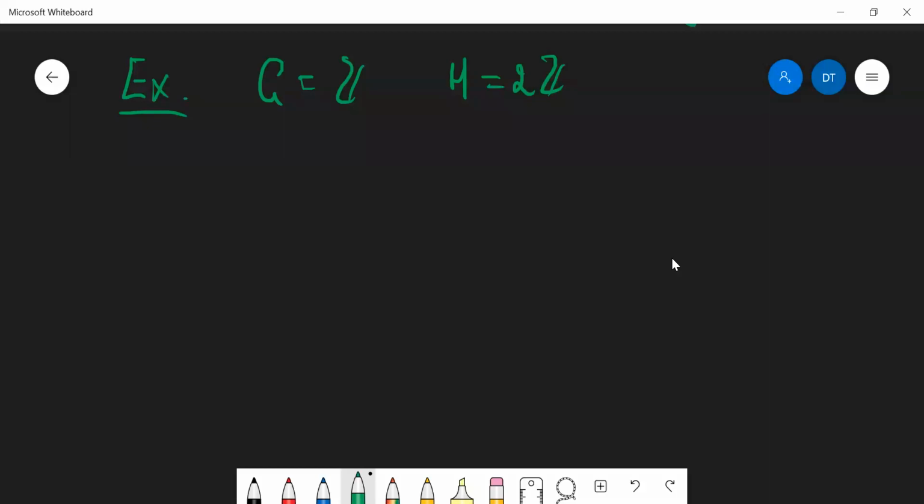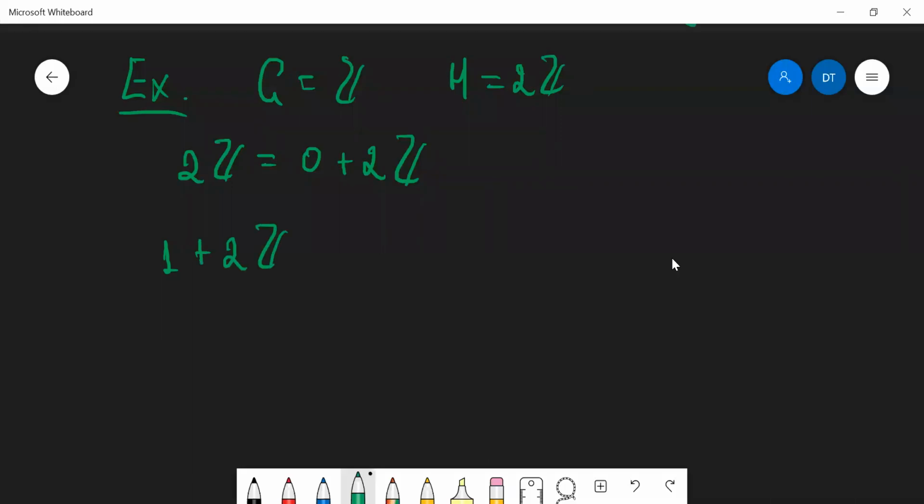If you take this group and this subgroup, then first of all, the subgroup itself is a coset. Since the operation is commutative, there is no difference between left and right cosets. So 2Z, which is formally 0 plus 2Z, is one example of a coset. The second example is 1 plus 2Z.